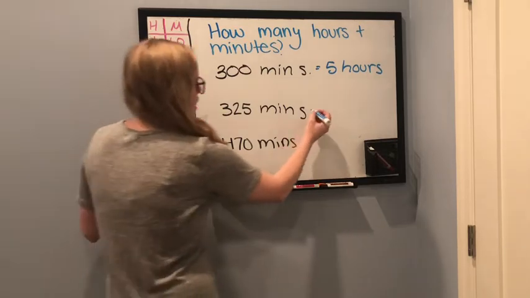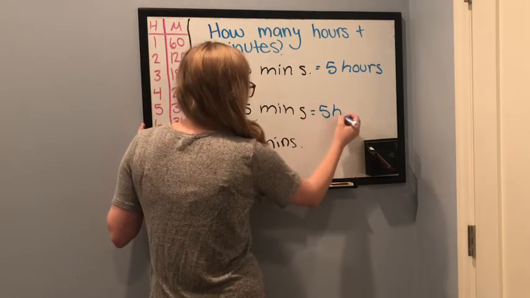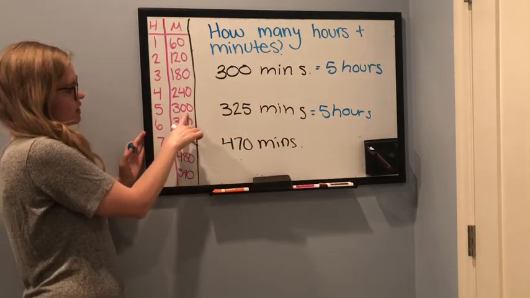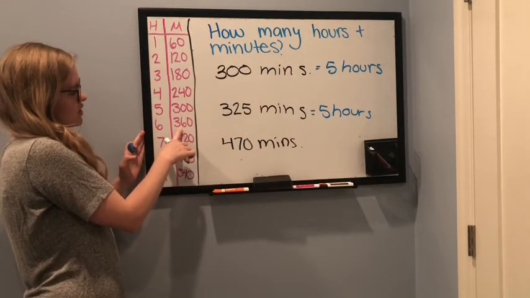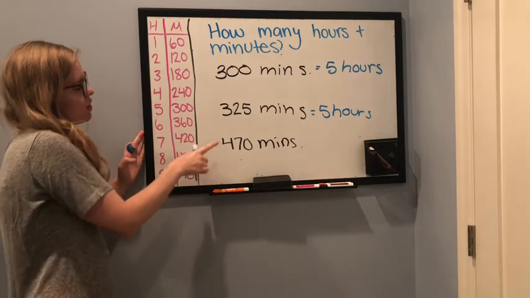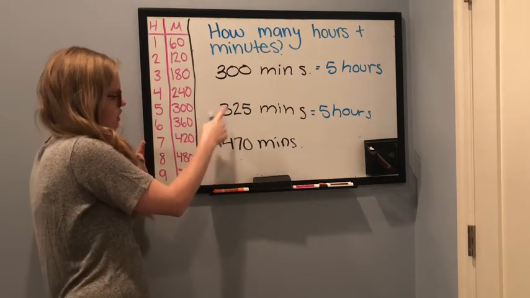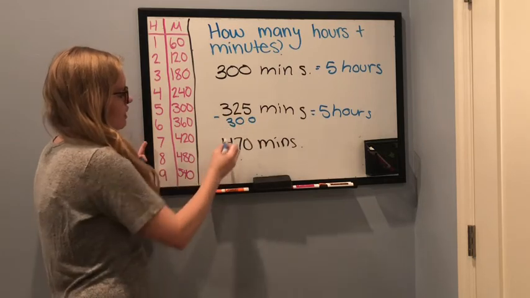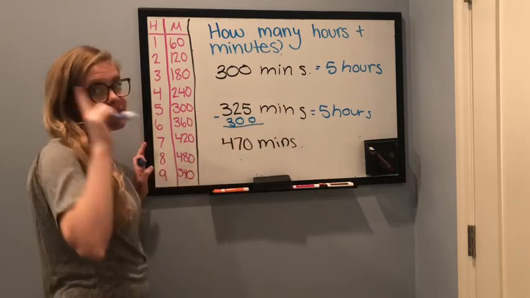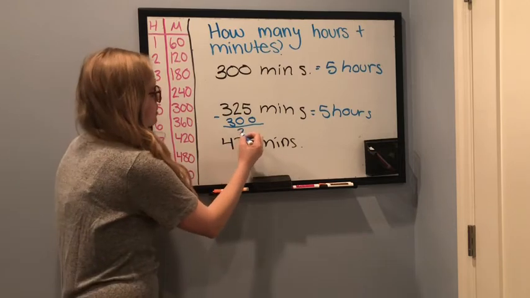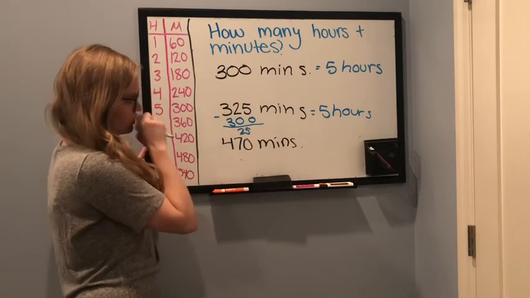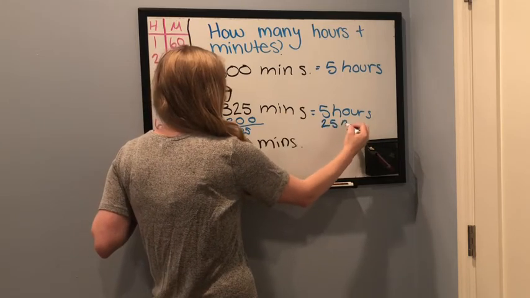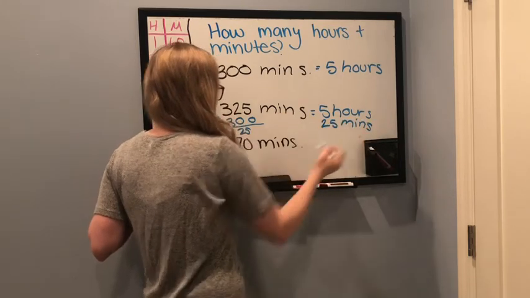So we know that we have 5 hours, because 5 hours is 300 and 360 is too much. So now we need to find the difference between 325 and 300. 325 minus 300, mental math, 25 minutes. So our answer is 5 hours, 25 minutes.